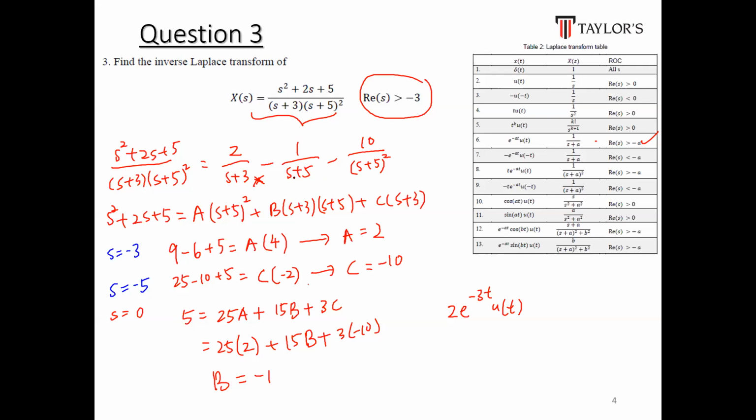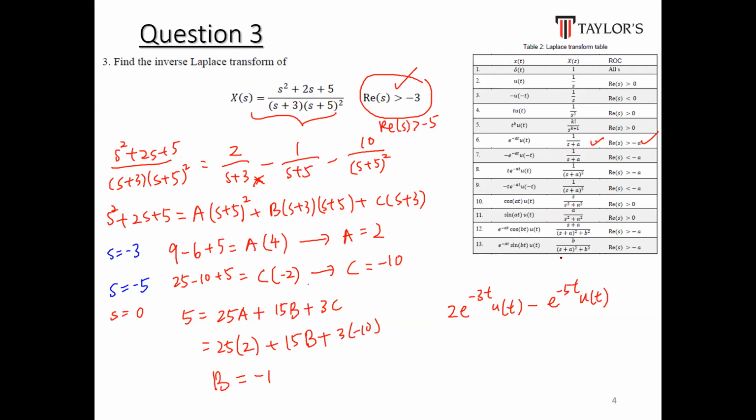Because it's s plus 5, we know that our real part of s must be greater than negative 5, which real part of s greater than negative 3 also is always greater than negative 5. So it's satisfied as well. So here we can just use the same table again, e^(-5t)u(t).